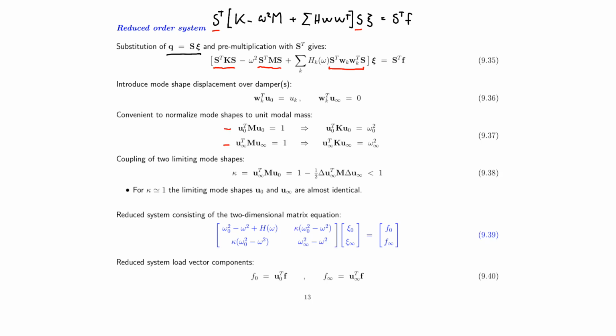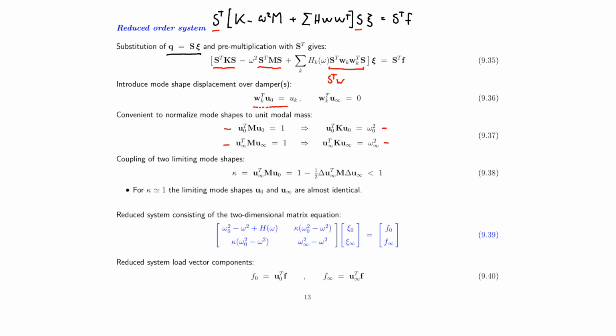It's just to avoid too many variables inside my equation. That means the corresponding projection onto my stiffness matrices provides me with the two limiting natural frequencies omega 0 and omega infinity.